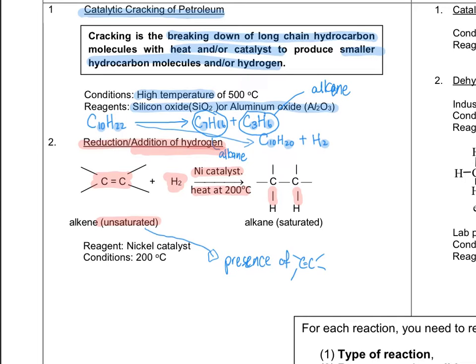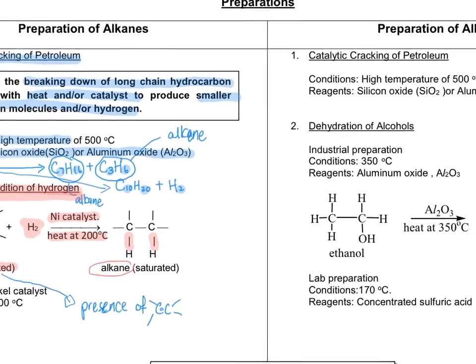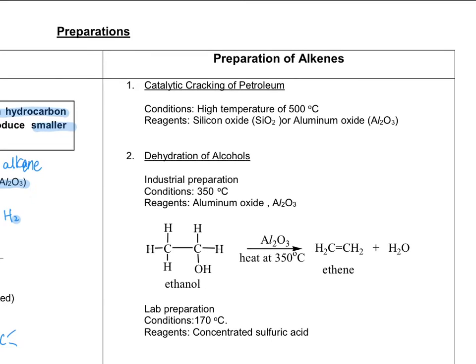It's an addition of hydrogen to an alkene, and you get alkane at the end of it. So the conditions and reagents are important, so please remember this. With this, let's look over to the right hand side to see how we can prepare alkenes.